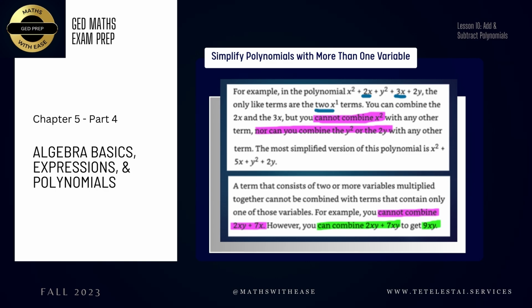Okay, so it's basically just you keeping account of every single variable that you see. It's a matching game, really. So on this side, these two terms don't match, do they? Because we have an xy term and then we have an x term. On this side, we have two xy terms. They match, so we can add. Okay, you can think of it that way if it helps.